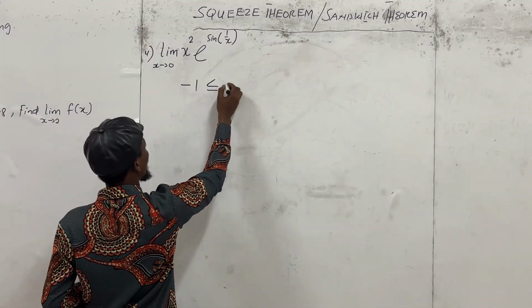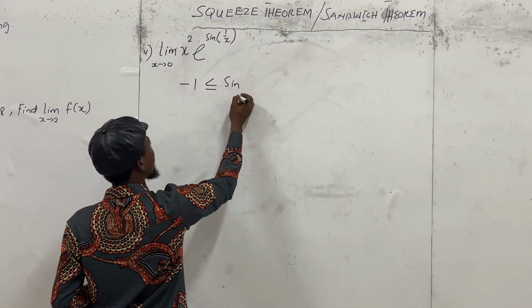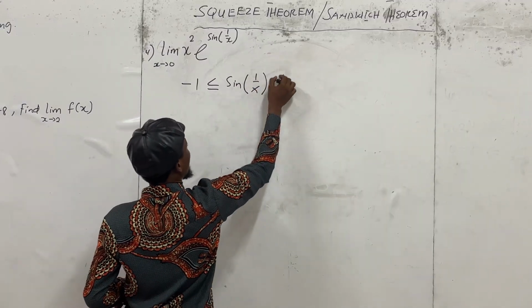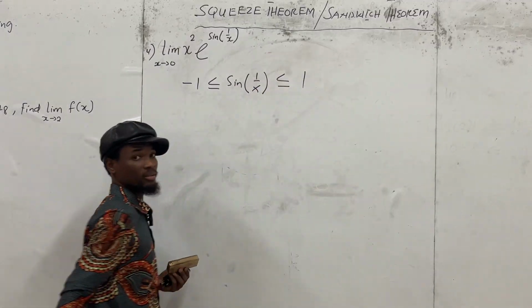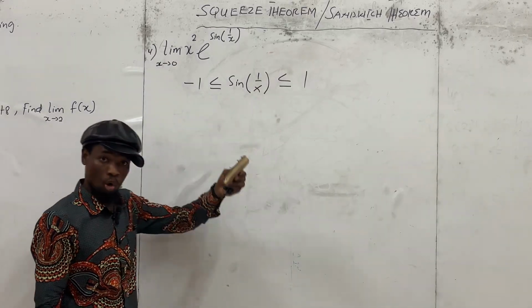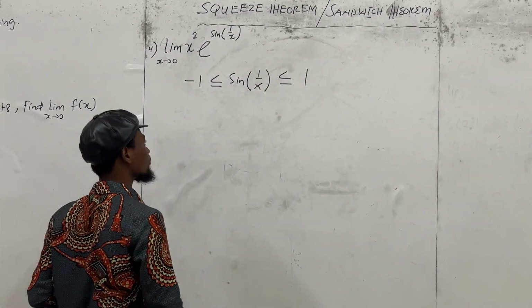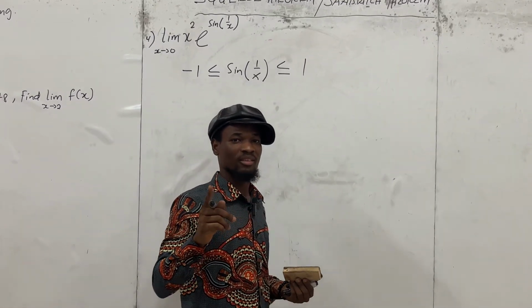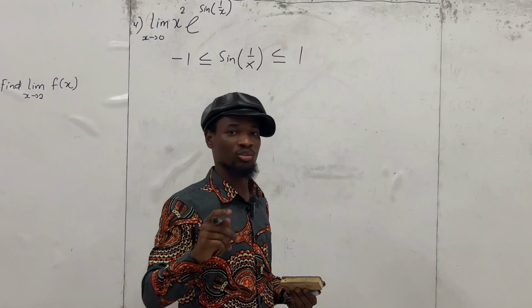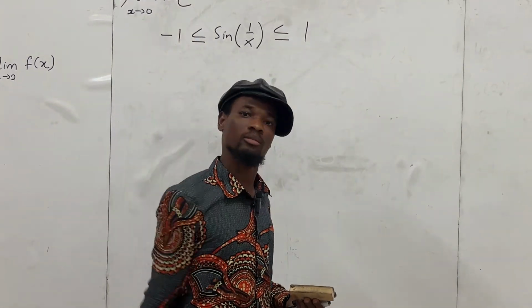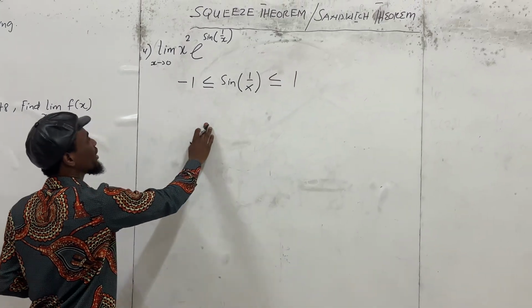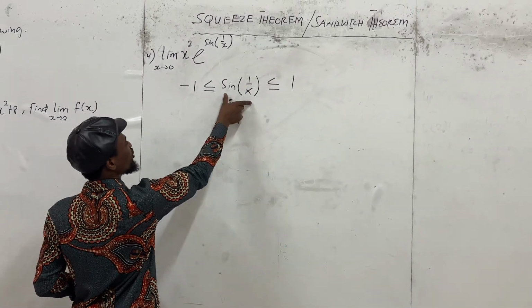Negative 1 is less than or equal to sine of 1 over x, which is less than or equal to positive 1. Same for the cosine function. But for the tan function, that wouldn't hold because you get undefined, right?